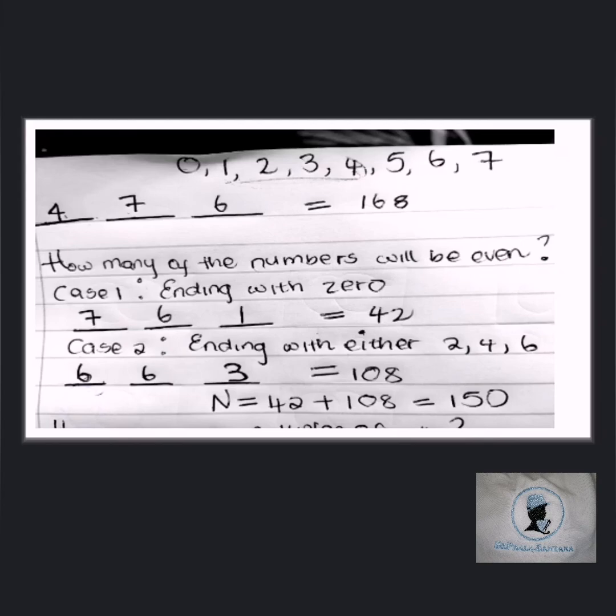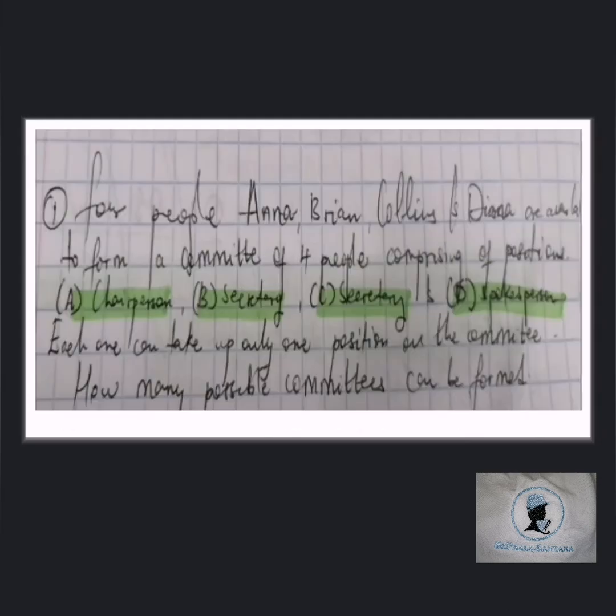But remember, when we chose the first digit, we disregarded the 0. So here when we choose, we will include the 0, and then we are going to have 6 digits. That's how we got the 6. So case number 2 is 6 times 6 times 3, which is 108, and case 1 is 42. Case 1 plus case 2 equals 150.